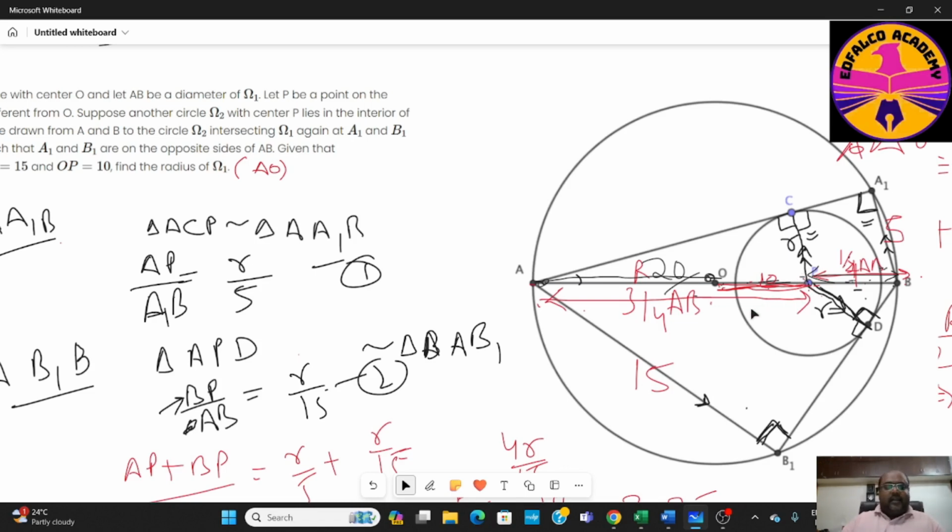With some manipulations and further calculations, we got the relation between the overall diameter of the circle and the lines PB and AP, and then we were able to form an equation of AB. Based on that, we were able to find the bigger circle radius, which was the length of AO.